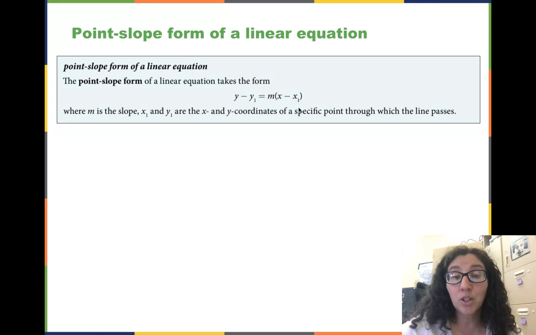If you love this equation, there are times where it is more convenient to use it. So if you like to use this equation, you are more than welcome to use it. I'll never ask you to state the point-slope form of a linear equation, okay? You can use it to solve problems, fantastic. You can always use y equals mx plus b, that's also fine. So I kind of just ignore this, but if you like to use it, more power to you.